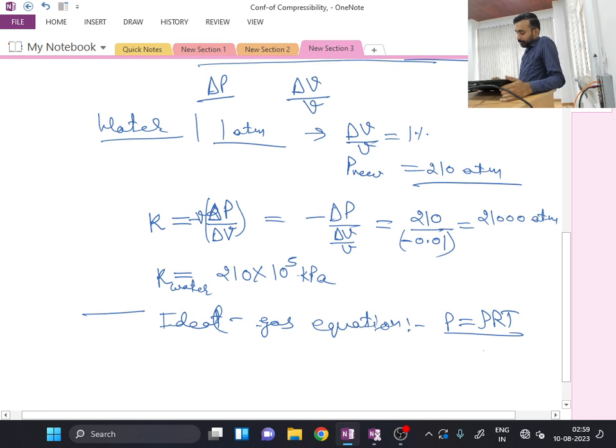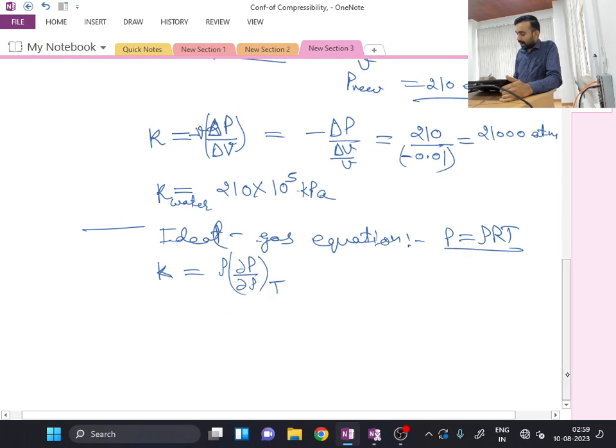Okay, so as I have shown you, the definition of the coefficient of compressibility is density times del P by del rho at constant temperature. From this ideal gas equation, I can calculate del P by del rho, which will be nothing but RT, and RT can be written as P by rho.